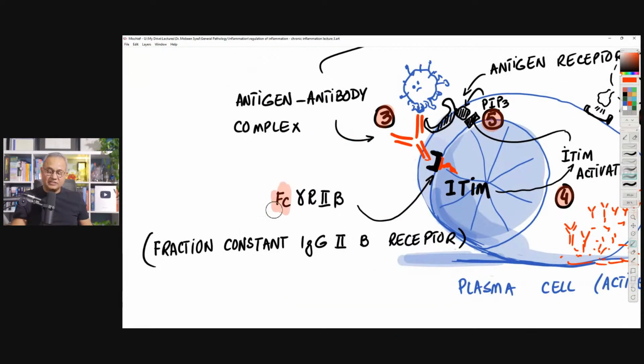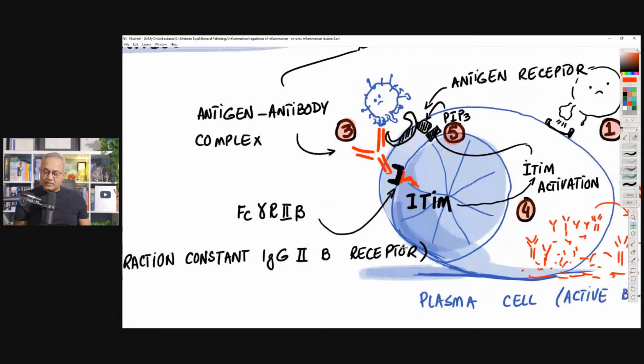It's called Fc, fraction constant, gamma for IgG, G for gamma, receptor R, receptor type 2 on the B cell. So FcγR2B. That is a receptor here on the B cell surface. Fc part of the antibody will attach there.